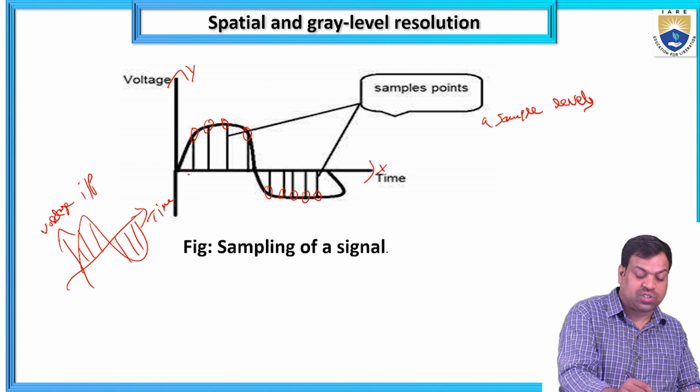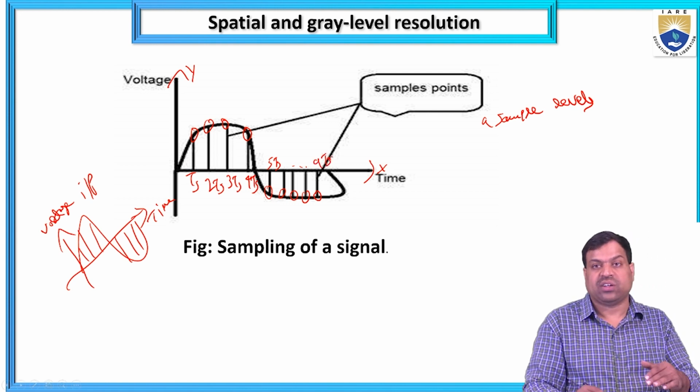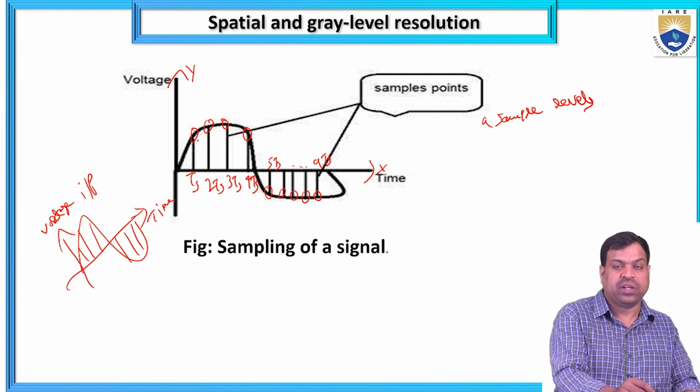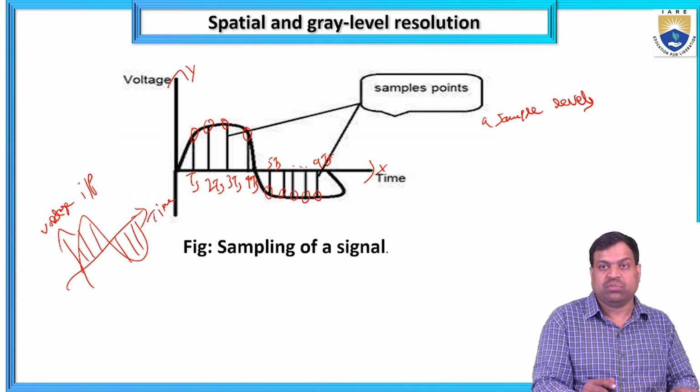How we are choosing this: TS, 2TS, 3TS, 4TS, 5TS, and so on, 6, 7, 8, 9 TS. So how many time samples are there? At the first TS seconds, what is the sampling level? At the second, 2TS, what is the sample level? 3TS, 4TS, up to 9TS. So each has its time.